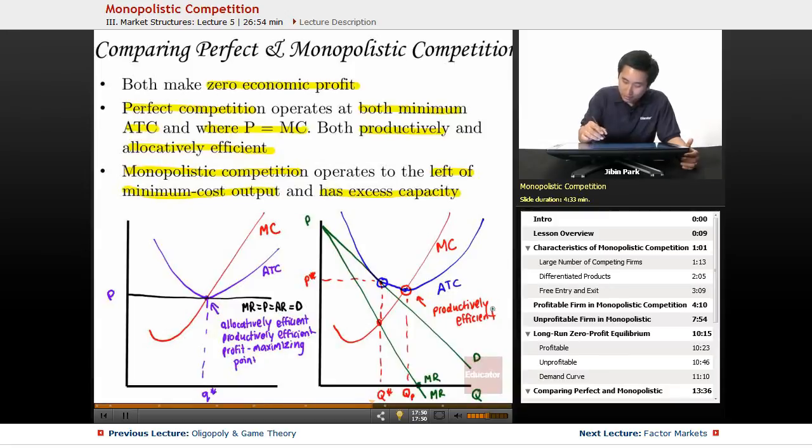Now, what's allocatively efficient? So right here is P, where the marginal cost equals the price here. So here, let's label it as QS. So this here is allocatively efficient.